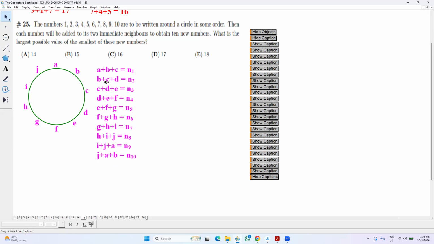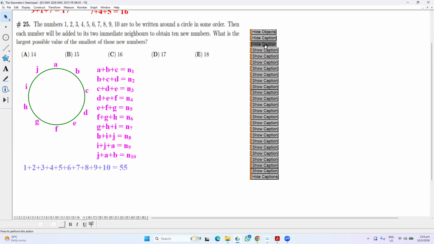So you notice that every number is added 3 times. B is 2 times here and 1 at the bottom. And the last one, J plus A plus B. So each number 1 to 10 appears 3 times in obtaining the 10 new numbers.